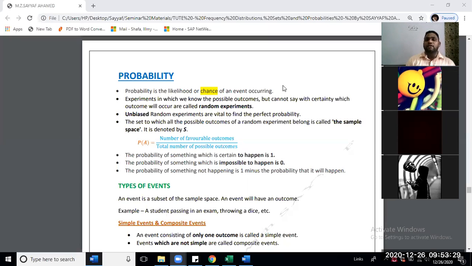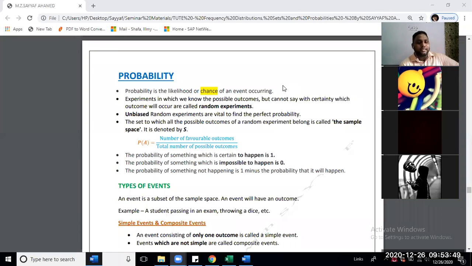Random experiment means you can't say the outcome of the event before it has occurred. So these terms in probability, the event, occurrence, unbiasedness, random experiment, sample space, are all specific terms that we use in this chapter alone.